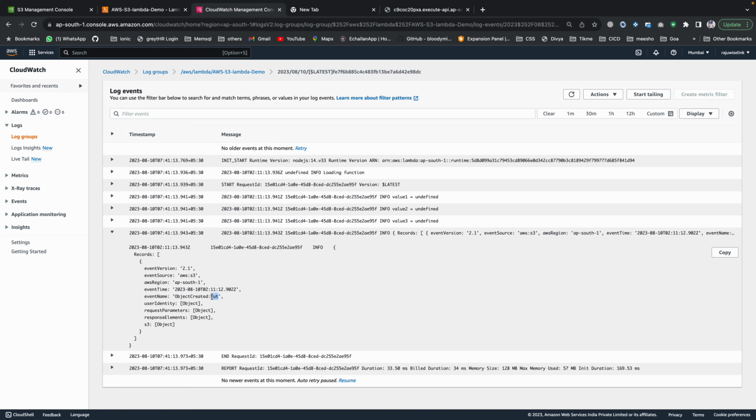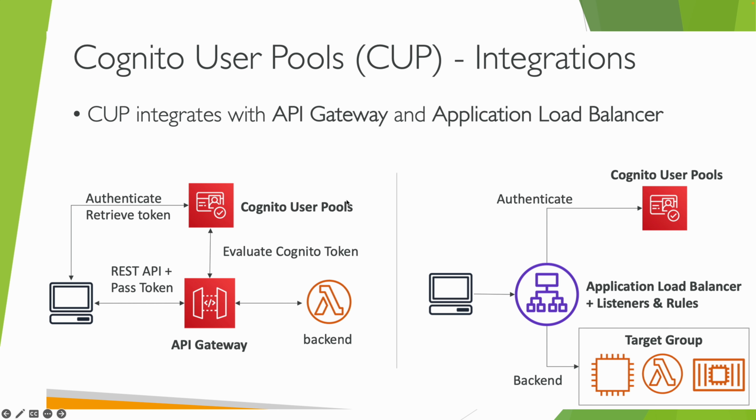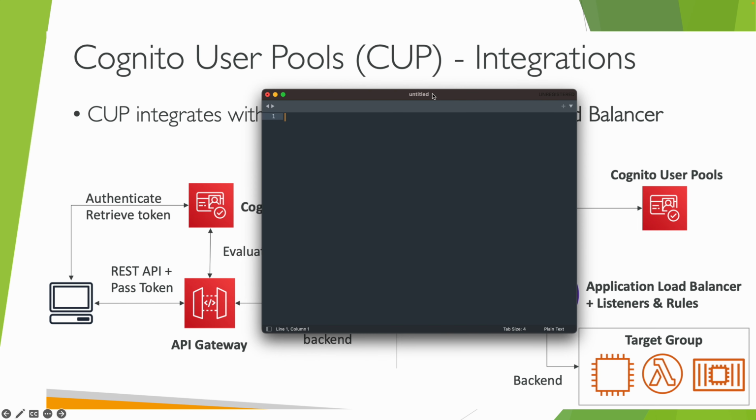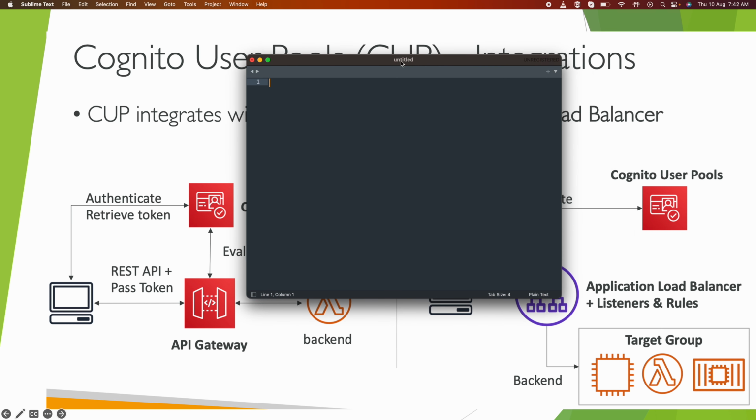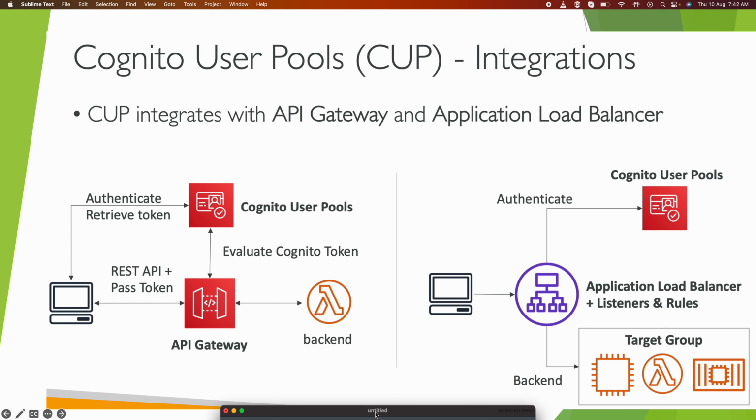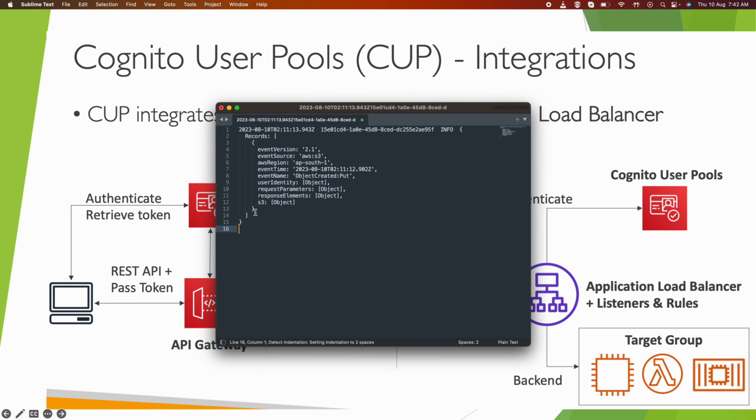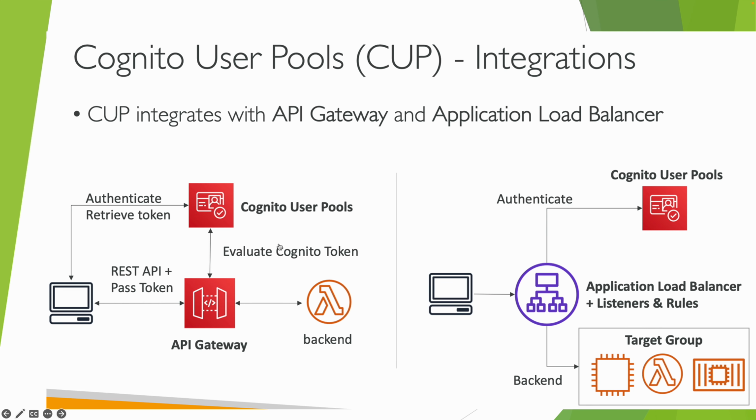So we put an object in that, so we can copy this and we'll paste it here so that we can see it more clearly. It's copying the same thing, so we'll do one thing.